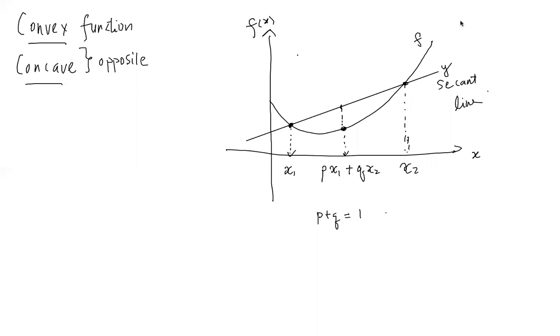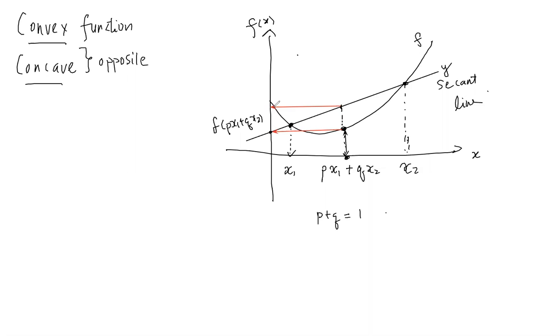At this point, you make a projection from here to there. So this value here is basically f of (p x1 plus q x2), right? You're basically evaluating it at this particular point, right?